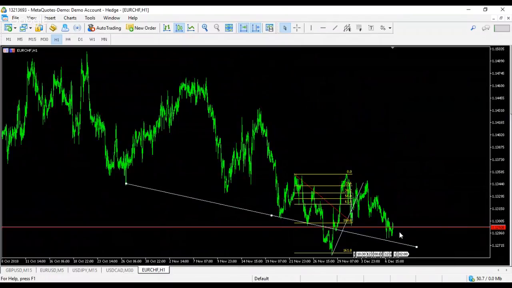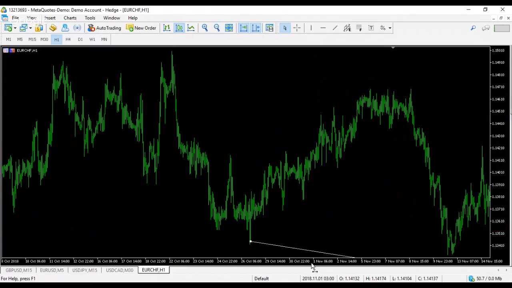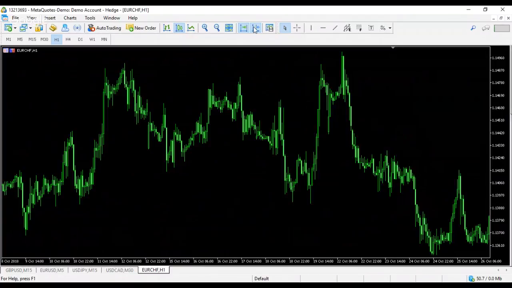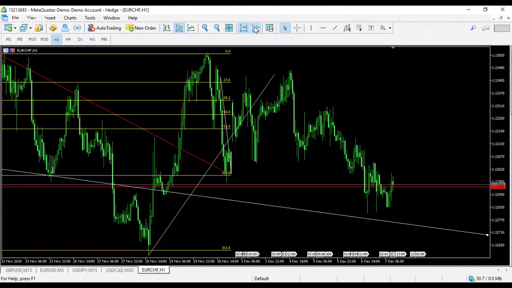There, it says a lot. Let me zoom in, and okay, there you go. There's a confirmation of a buy, and it is a very good buy. Look at that. Let me draw another trend line there.